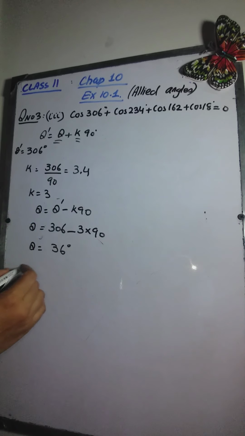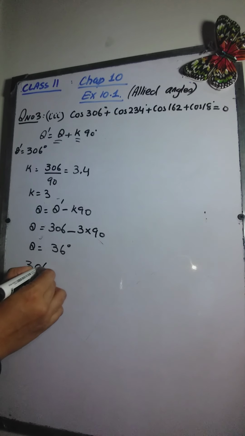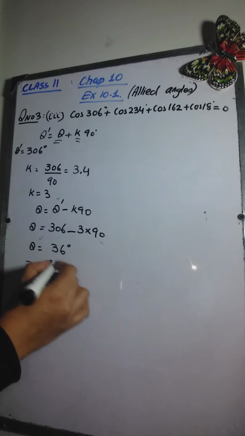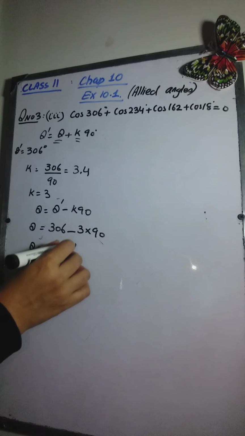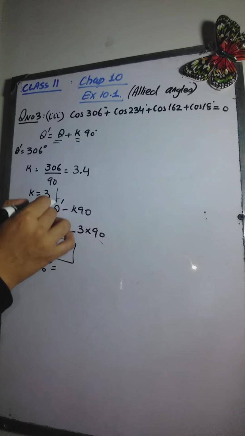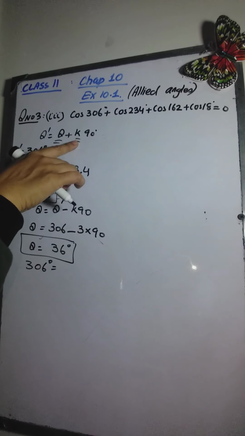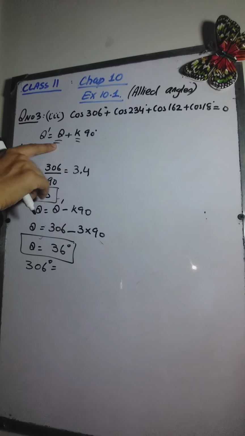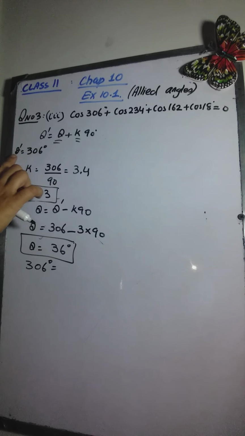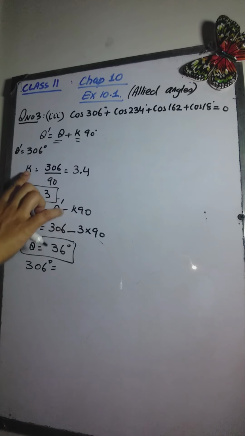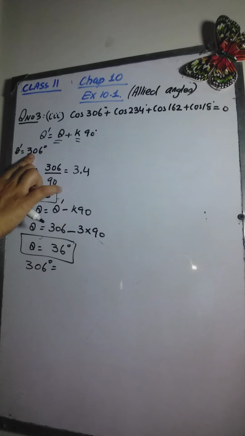So 306 degrees can be written as theta, which came out to be 36, and k is equal to 3. We are going to put the value of k is equal to 3 and theta over here, which will help us to express 306. Theta dash was 306. We found k by dividing the given angle by 90.